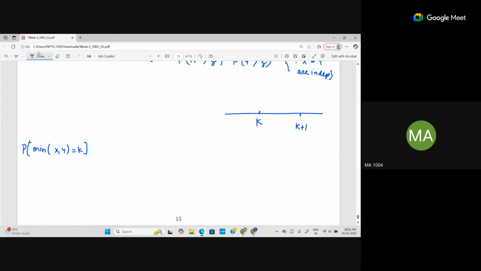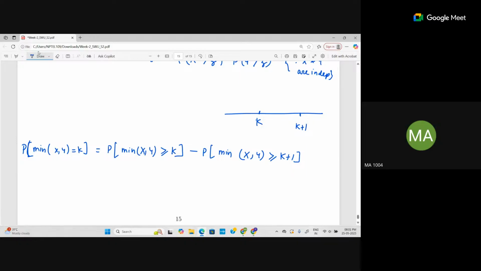How can we write that? It is the probability that the minimum of x comma y is greater than or equal to k, minus the probability that the minimum of x comma y is greater than or equal to k plus 1.